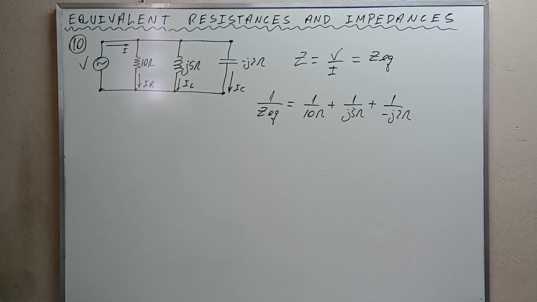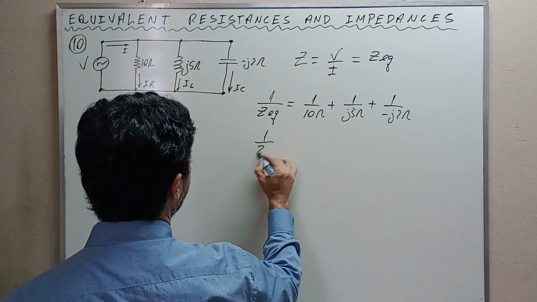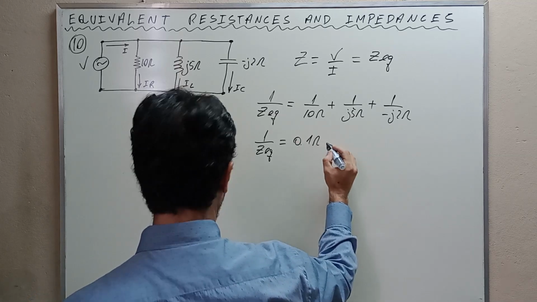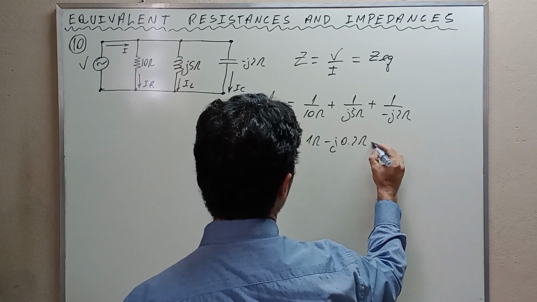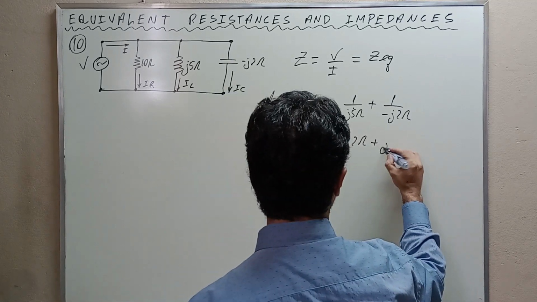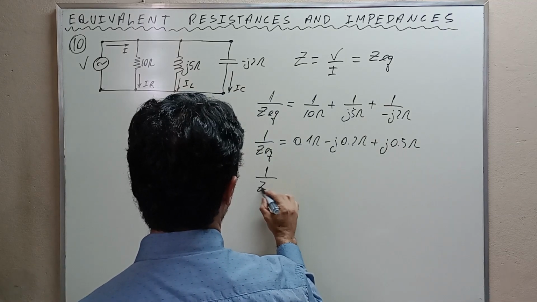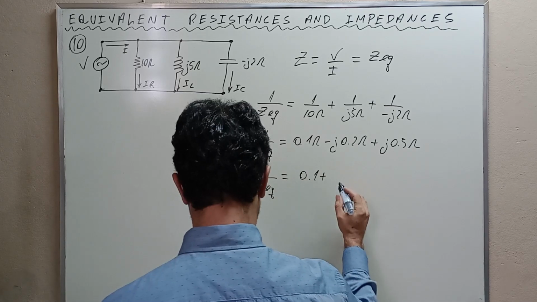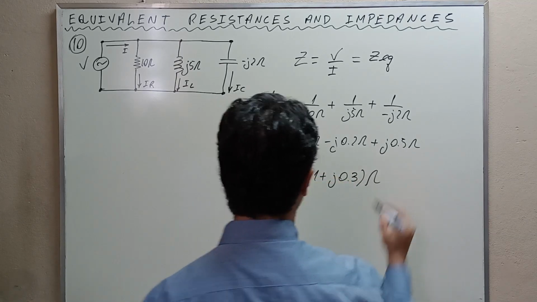We can simply calculate, and if we carry out this division, 1 over Z equivalent is equal to 0.1 ohms minus J0.2 ohms plus J0.5 ohms, and this is equal to 0.1 plus J0.3 ohms.